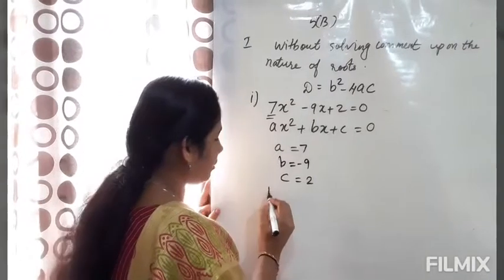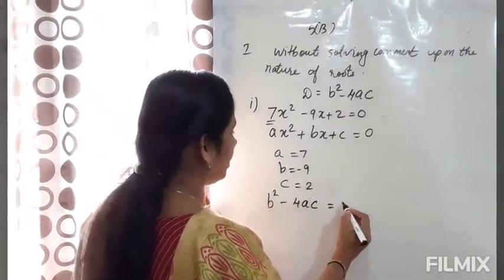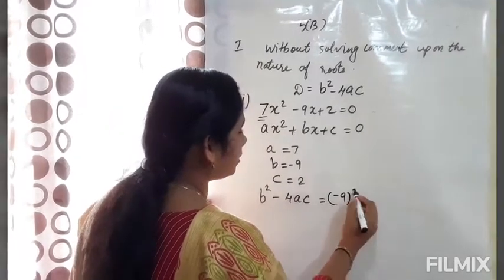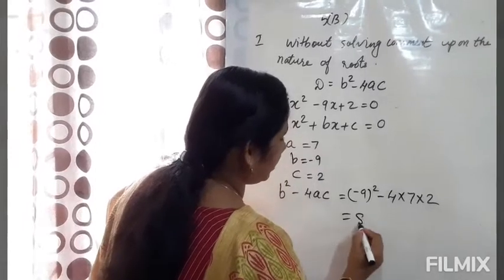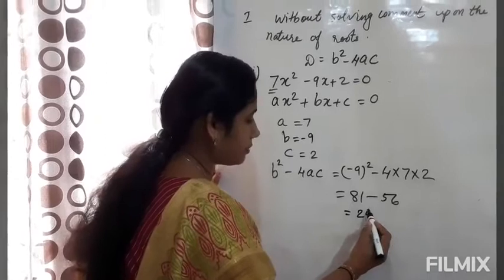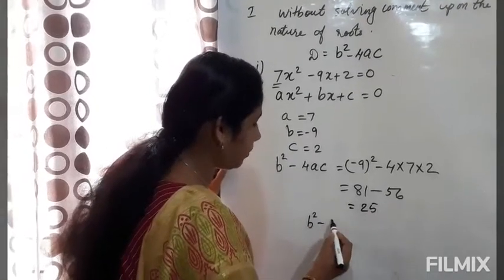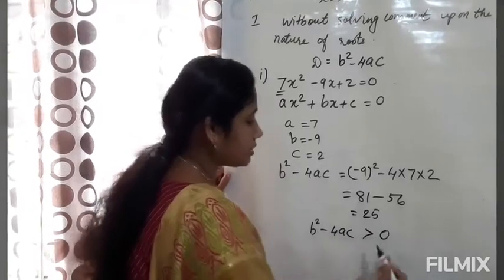Now let us find out the discriminant. B square minus 4ac is equal to minus 9 square minus 4 into 7 into 2, which is 81 minus 56, that is 25. That is, b square minus 4ac is a positive number, greater than 0.